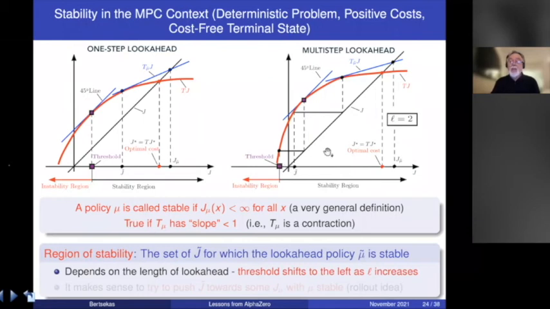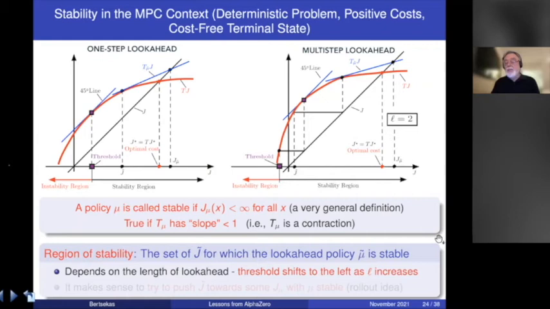So what are the stable J tilde? The ones that after you perform one value iteration, you cross into this stable region for one step look ahead. So the threshold moves to the right and the region of stability is expanded by multi-step look ahead.